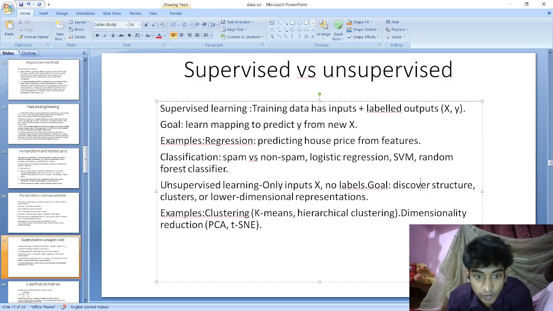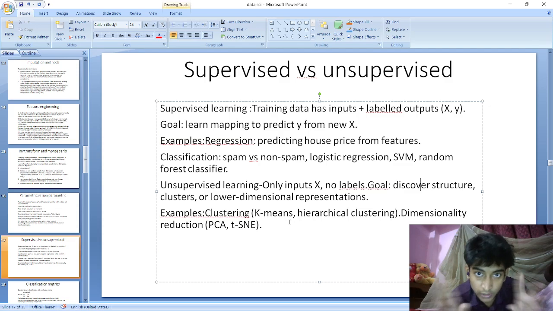Then we have unsupervised learning. In unsupervised learning, the training data we provide is only input features X, and no labels or target vectors are given. Our goal is to discover the patterns and relationships in the data so that we can make certain assumptions about it and visualize it.